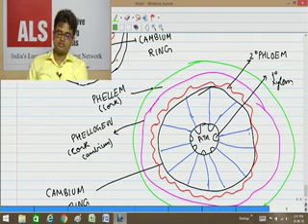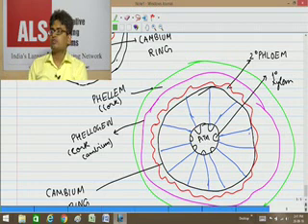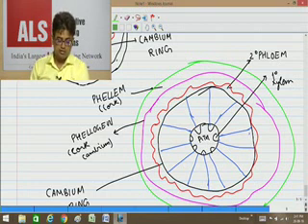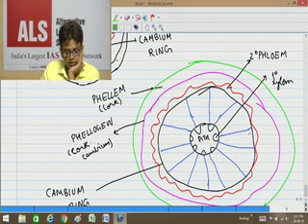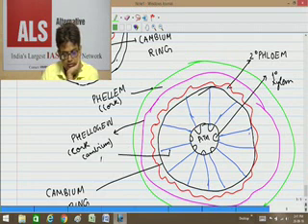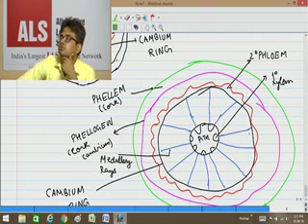Now I'll explain this diagram. So finish drawing it, and I'll begin explaining it. A lot of things to be explained here. Medullary rays I have not labeled. Let's label them. These are medullary rays. Okay.